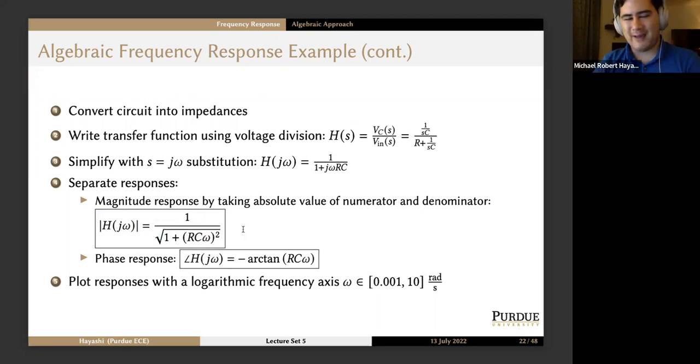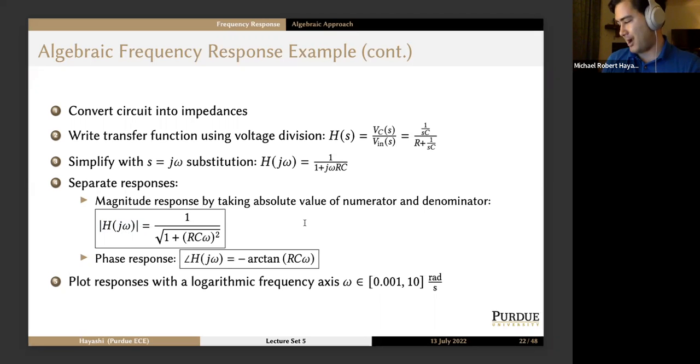So overall, we have 20 log 10 of the magnitude of H at j omega is right now equal to negative 10 times log 10 of 1 plus RC omega quantity squared, in decibels. And so far, that's an exact statement.